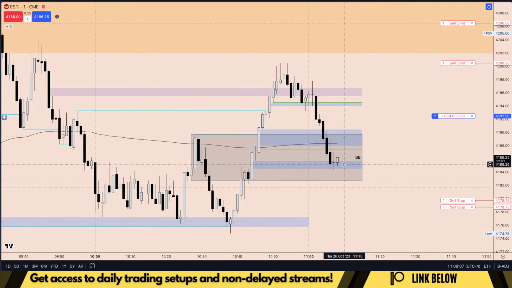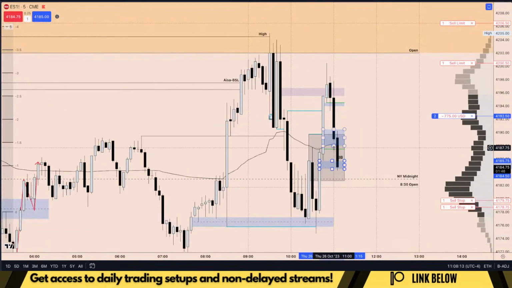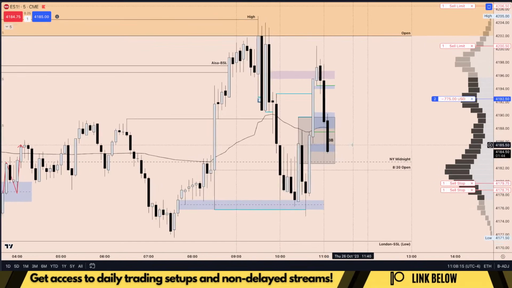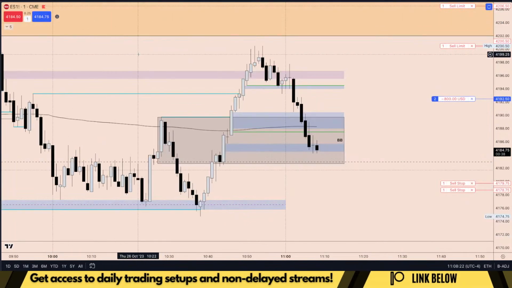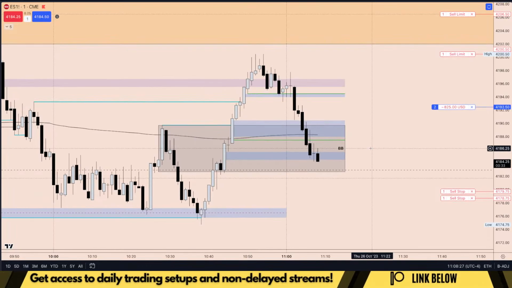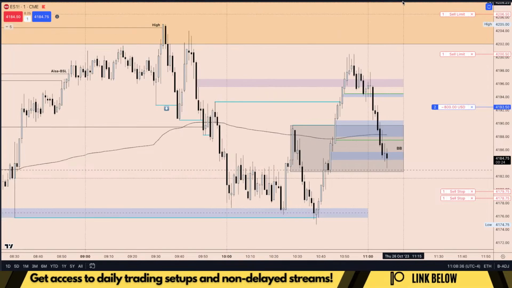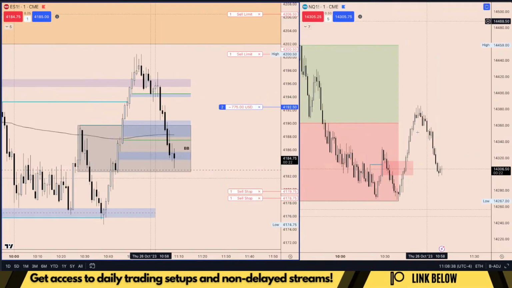We're still inside the breaker block. We're holding on this 1 minute bullish fair value gap. What I wouldn't like to see is a candle close below the 5-minute bullish here. That would just confirm the short rally for me here. But looks like the 1 hour candle doesn't want to continue into buy side and to fill the rest of the new day opening gap as of right now.